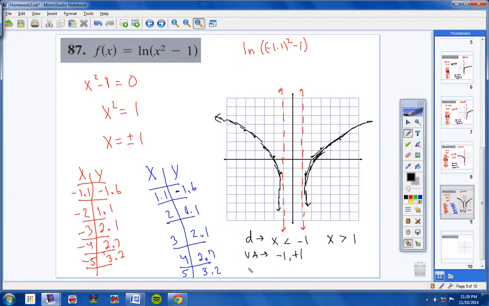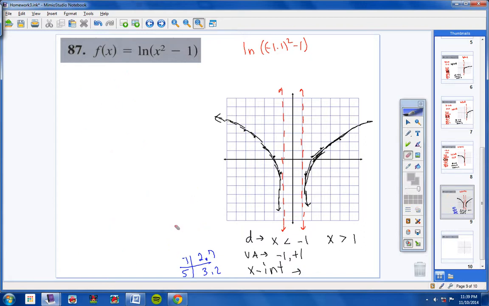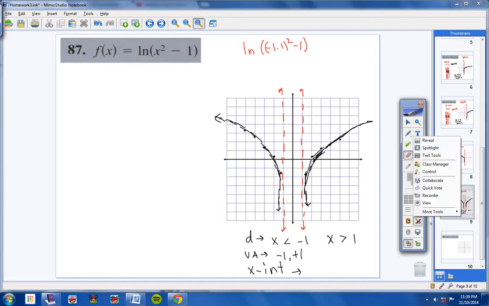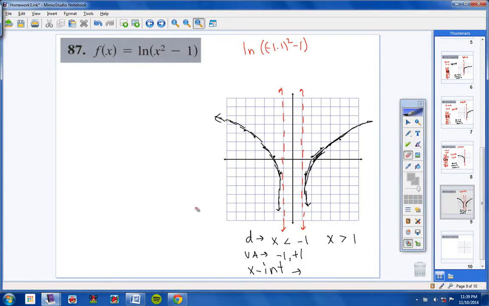And now the x-intercept. This is going to be interesting. Let's find the x-intercept. Remember, students, in order to find the x-intercept, you put 0 in for y. So 0 goes here.